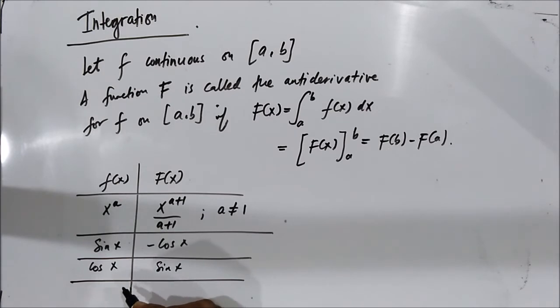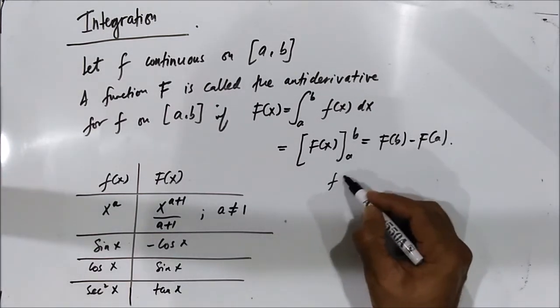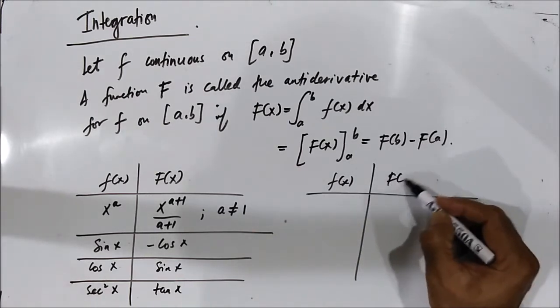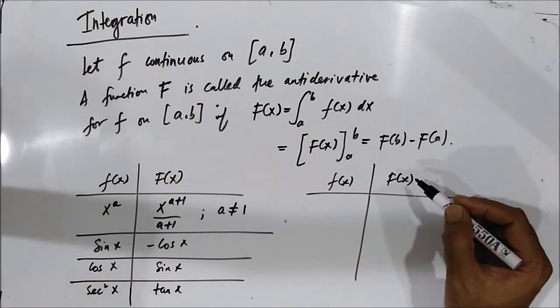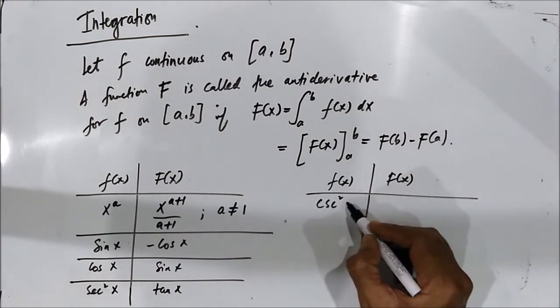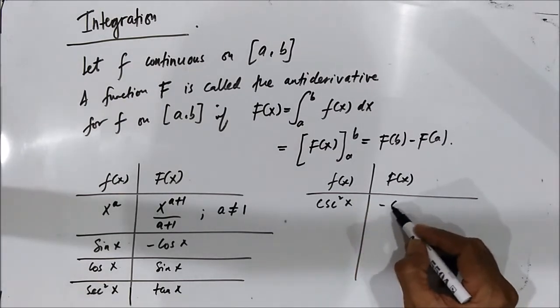and secant square x. Integration of secant square x is tangent x. Then the integration of cosecant square x is equal to negative cotangent x.